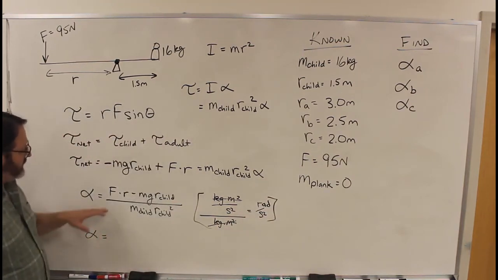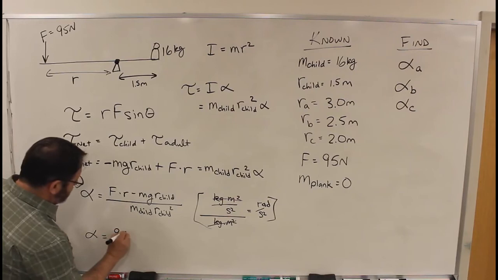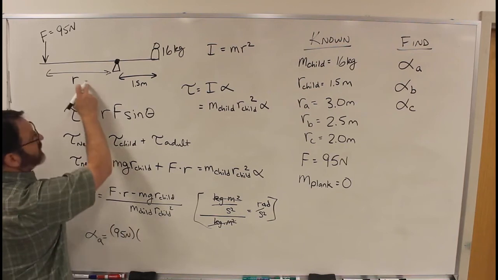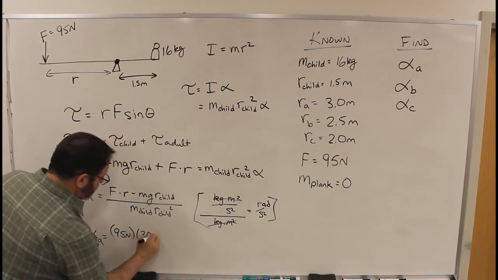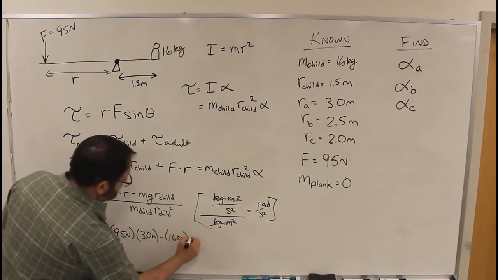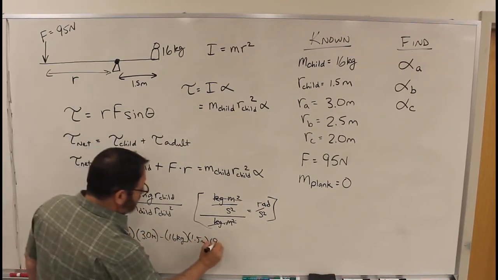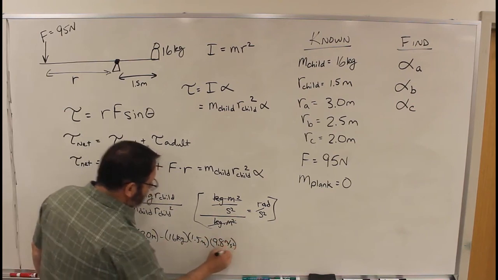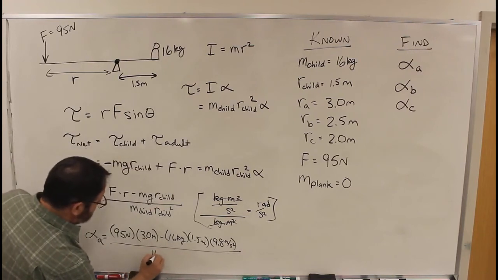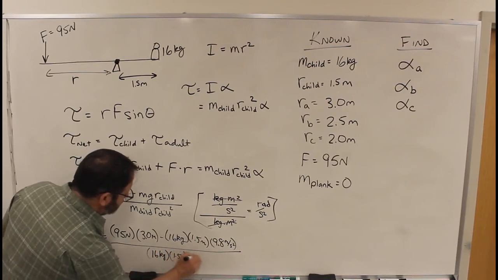So alpha is 95 newtons. So let's do it for A. Alpha A is 95 newtons times RA, 3 meters, minus 16 kg times 1.5 meters times 9.8 meters per second squared, that's m g, divided by 16 kg times 1.5 meters squared.